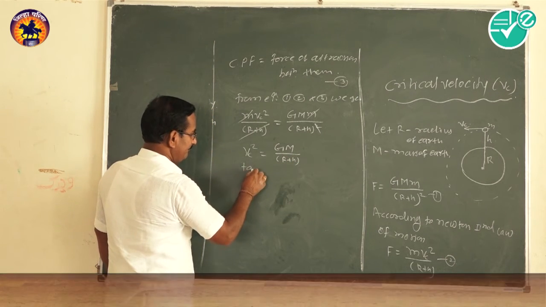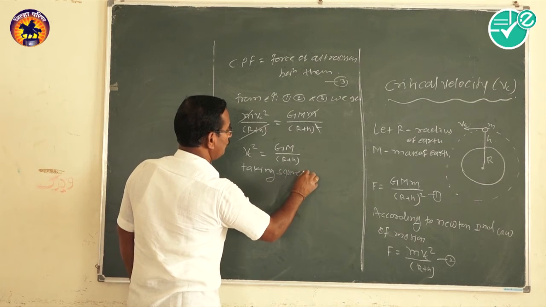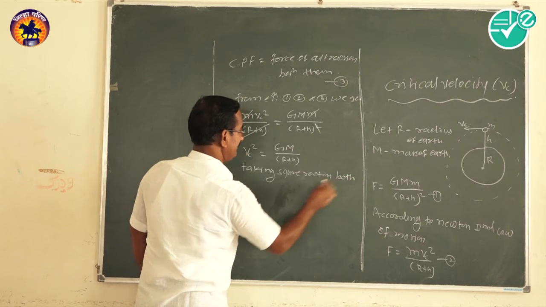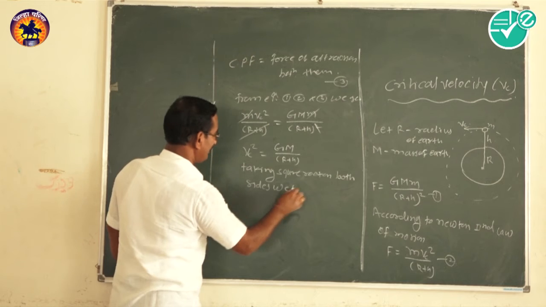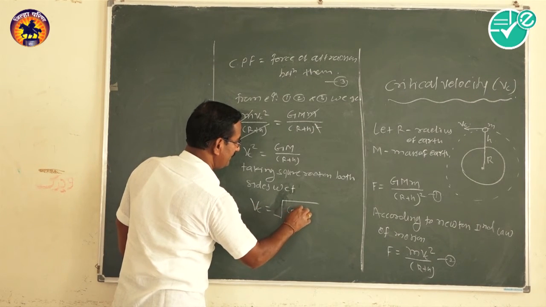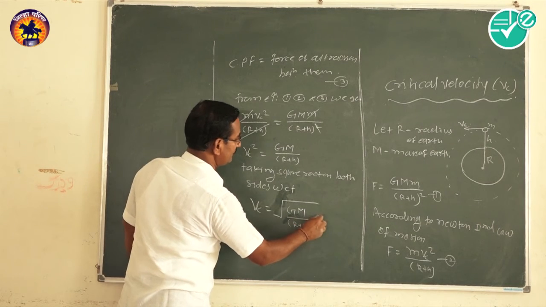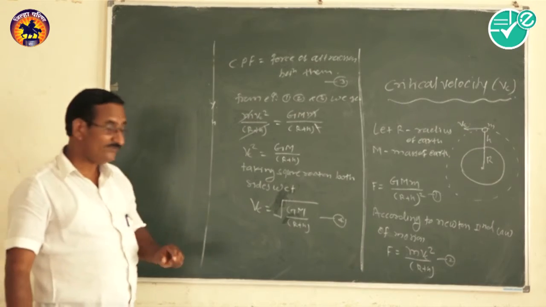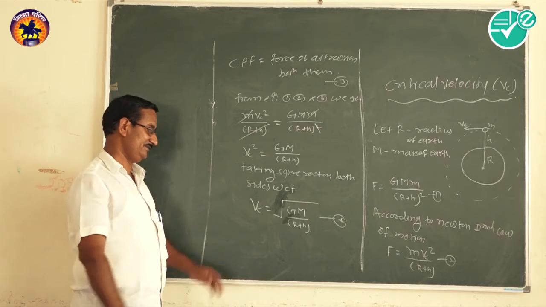Taking square root on both sides, we get Vc equals under root G capital M upon (R plus h). That is equation 4, the equation for the critical velocity at the height h.